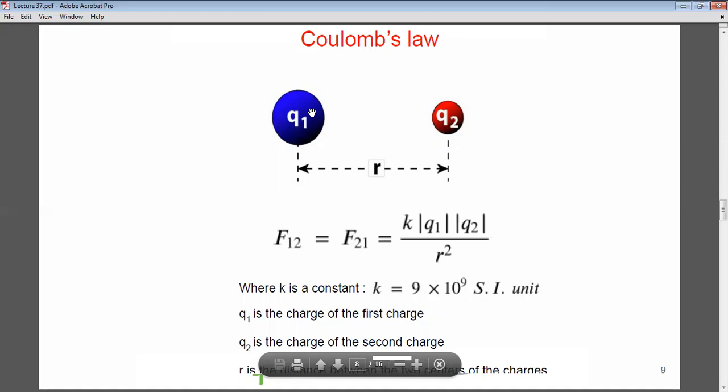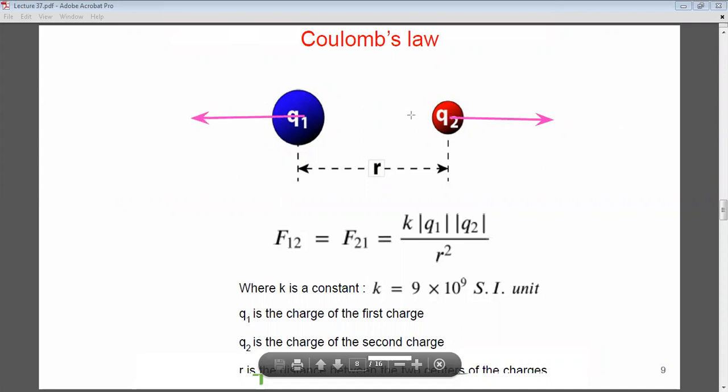If I bring one charge and another charge separated by some distance r, they exert on each other a force F. This force F is equal to K, some constant, multiplied by the charge Q1, multiplied by the charge Q2, divided by the distance r squared. And these two forces will be the same. So Q1 will be making on Q2 exactly the same force Q2 will be making on Q1.